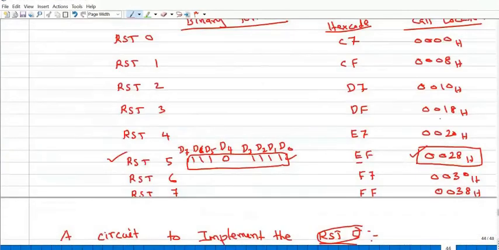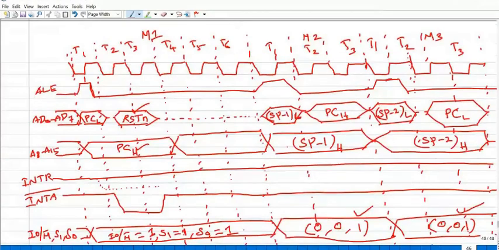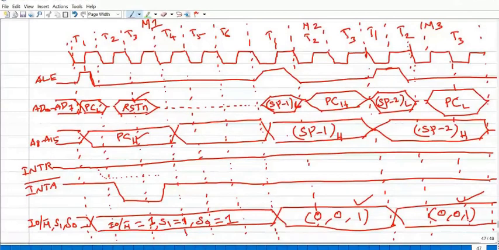For example, if RST 5 is executed, then the processor needs to transfer the execution flow to the 16-bit address location 0028. Okay. So please remember, for the INTA acknowledgement signal, to decode what kind of RST instruction it is, it spends a minimum of 6 T states.